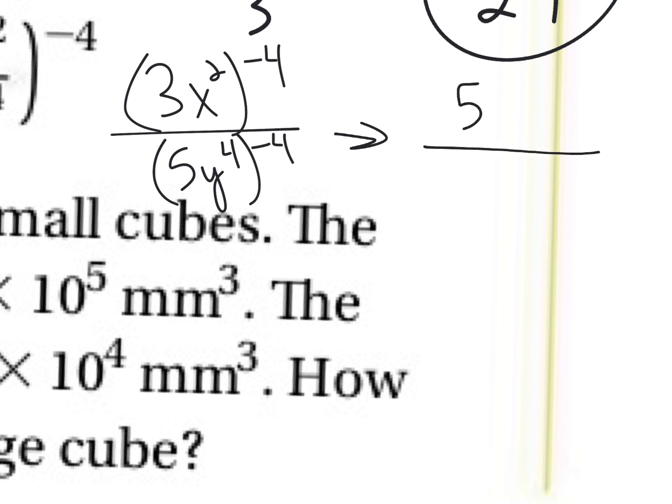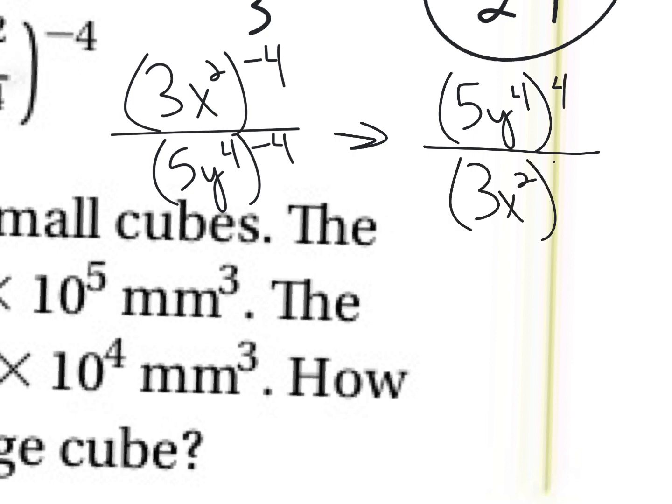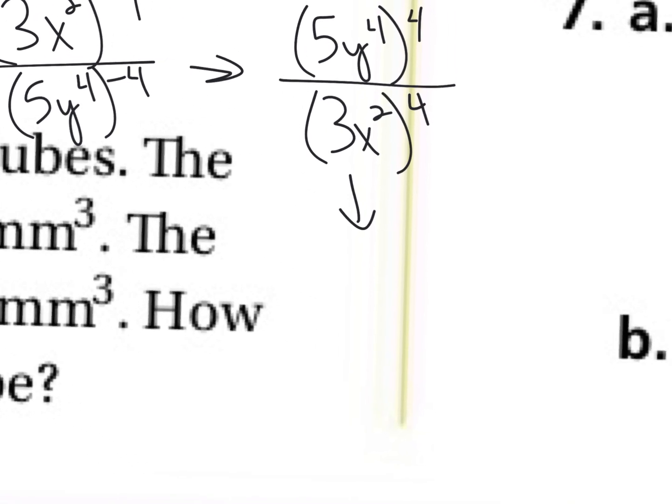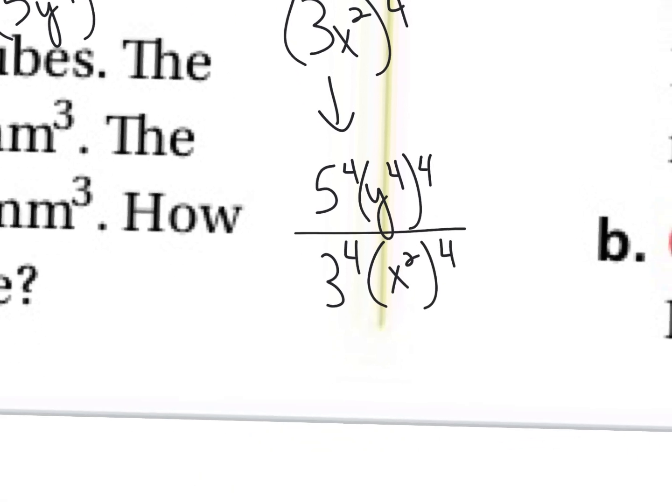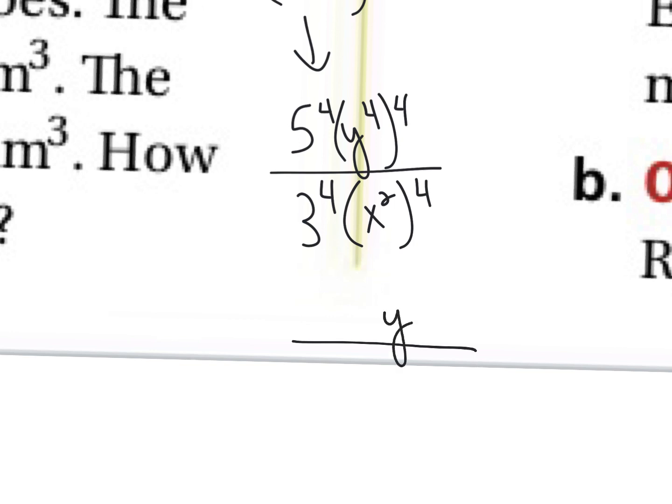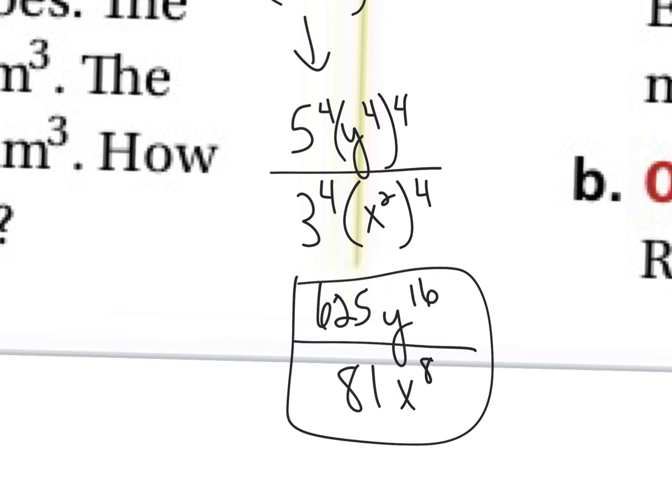I'm going to get rid of the negative exponents. So that would be 625 y to the 16th over 81x to the 8th.